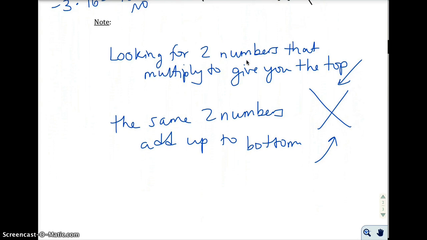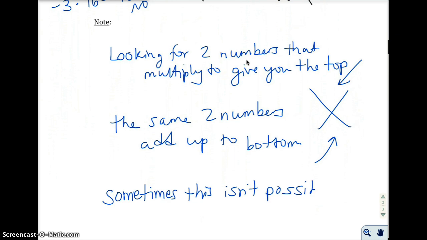Note that in the last two that we looked at, sometimes this is not possible. But I want you to be very careful and make sure that you really know that's not possible. You tested every two pair factor.